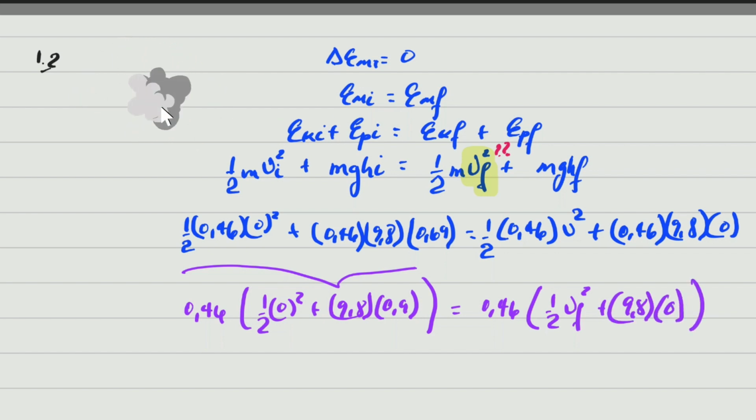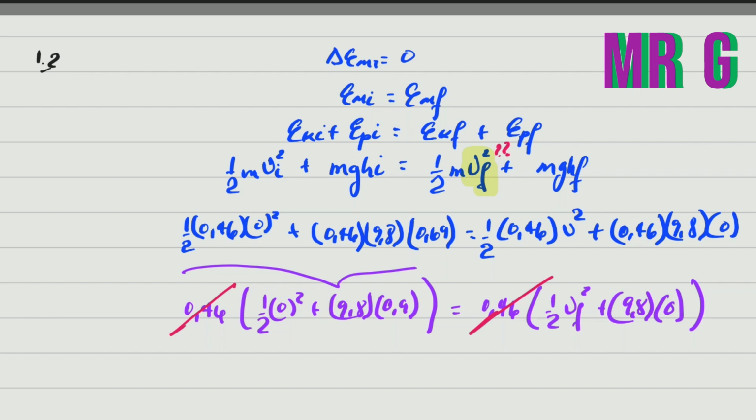And if you notice here, then the mass can be simplified. That is why I explain this one real fast, because sometimes you don't get the mass and you don't know what to do anymore.